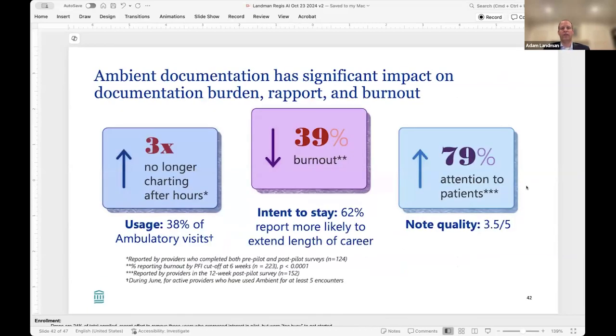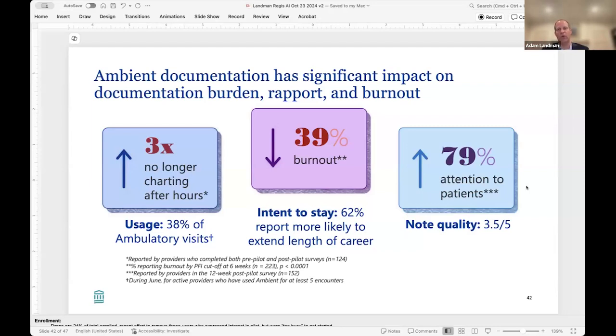We have also done some analysis of the impact of these tools on documentation burden, rapport, and burnout. And you can see, I mean, these are very impressive results. We have been trying lots of tools, techniques, giving away food and services and sending people to yoga retreats and have not seen impacts like this on burnout. 3 times as many are no longer charting after hours, a 40% reduction in burnout, right?